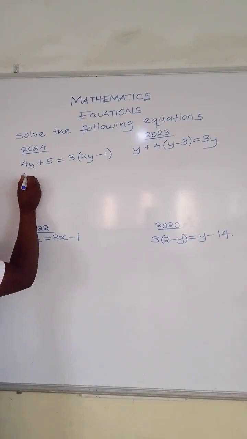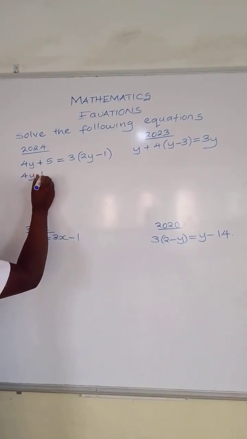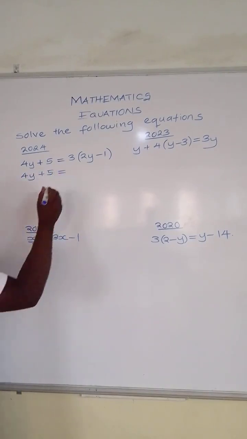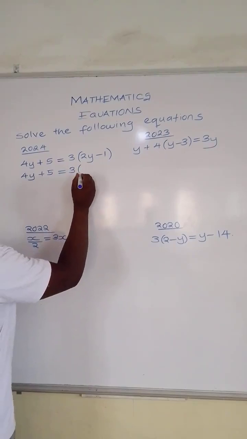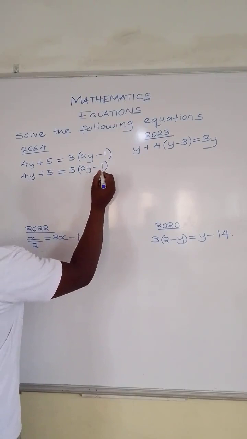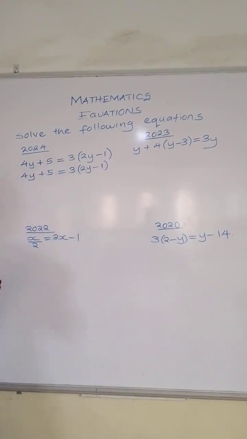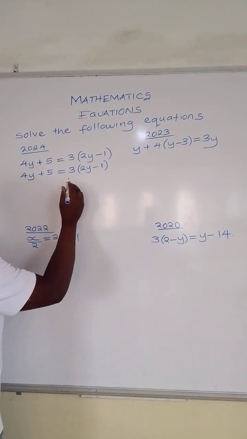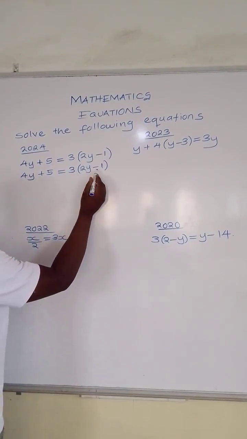So we have 4y plus 5 is equal to 3 open brackets 2y minus 1. So what we're going to do in this case is step number 1, we're going to remove the brackets, okay, by multiplying this 3 by what is inside.